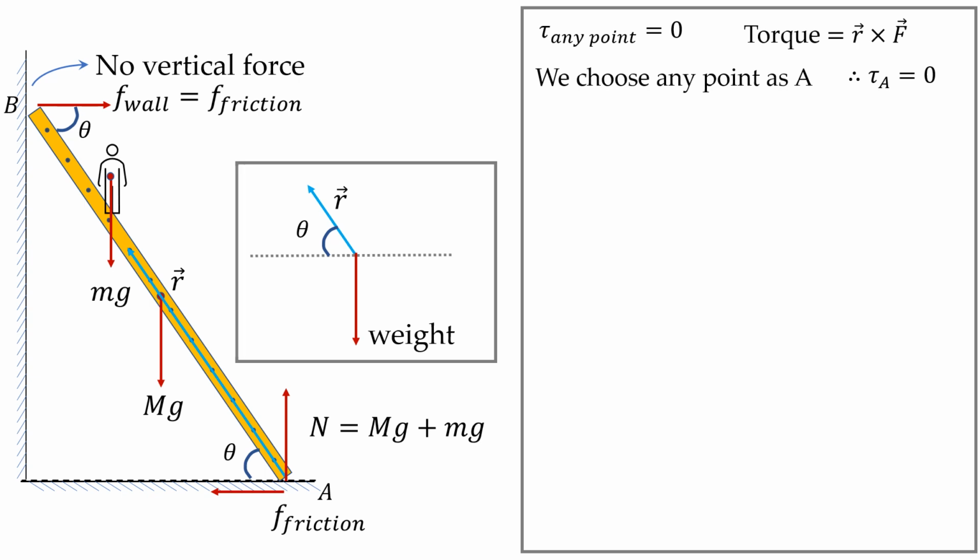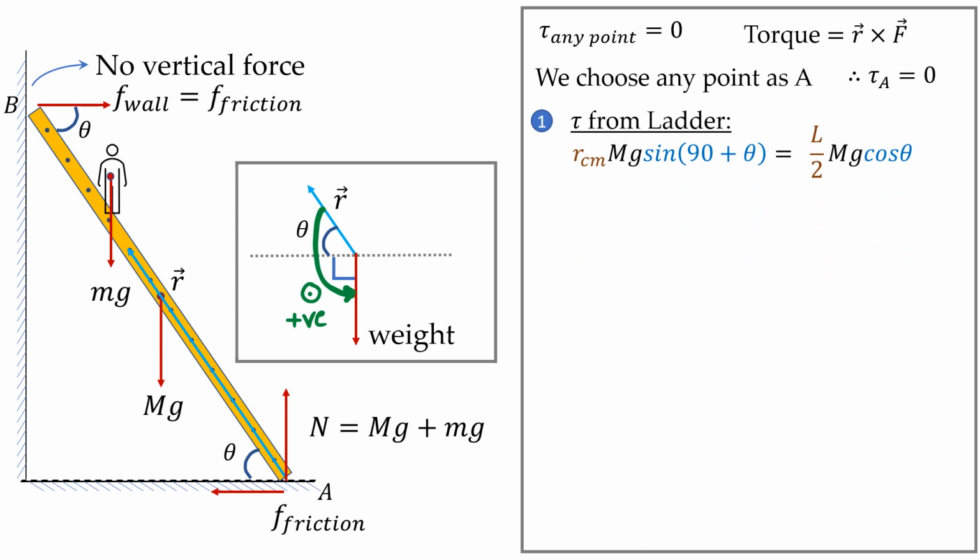It is downwards and perpendicular to the surface. Now the torque is R cross the force. So we go from R to F. It is out of the page and therefore positive.